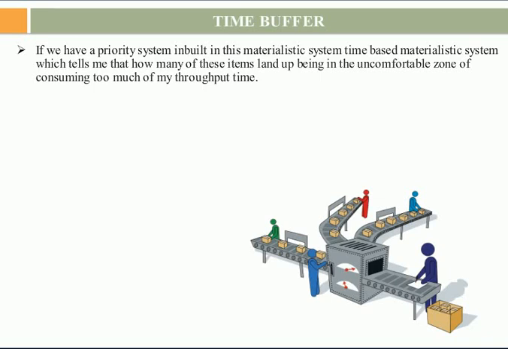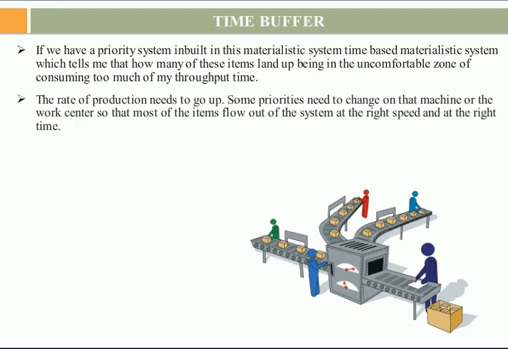And if a systematic analysis is done and we find that most of the items in the risky zone happen to be stuck at a particular machine or resource, it is quite likely that you should focus on that resource and try to improve the flow through it. The rate of production needs to go up. Some priorities need to change on that machine or work center so that most of the items flow out of the system at the right speed and at the right time.